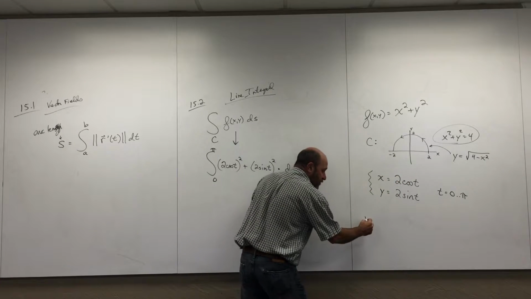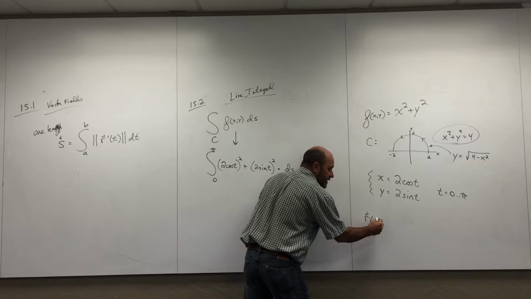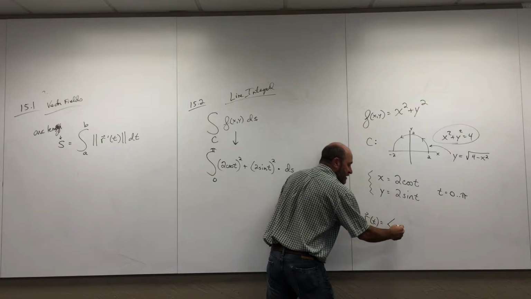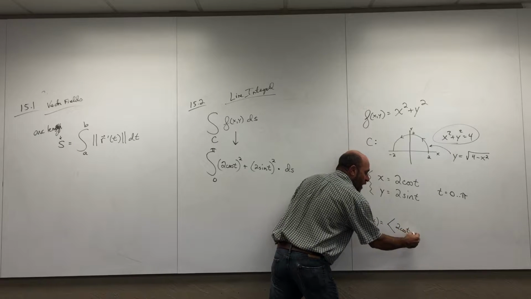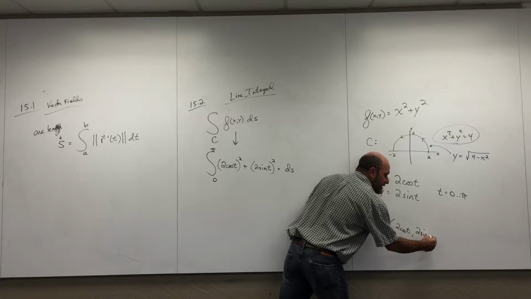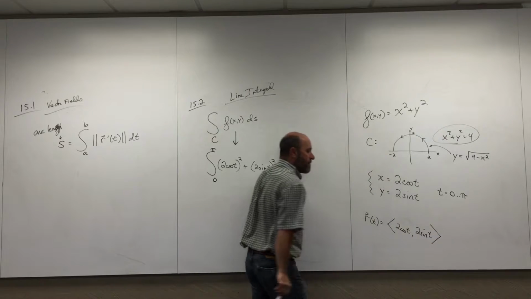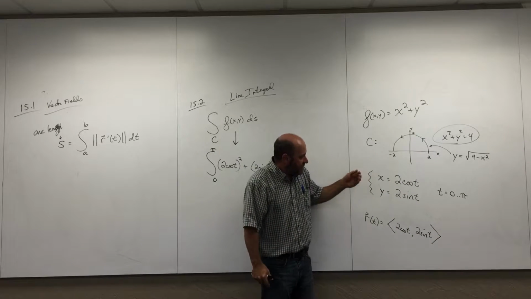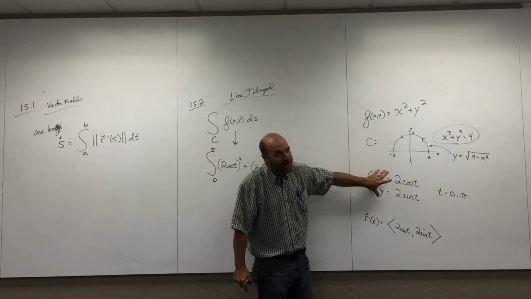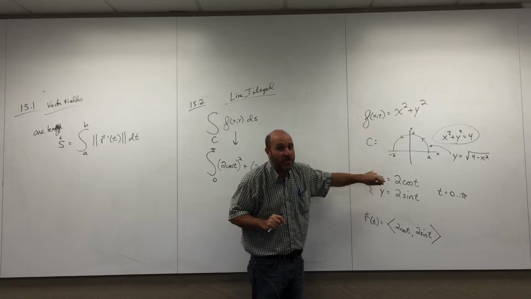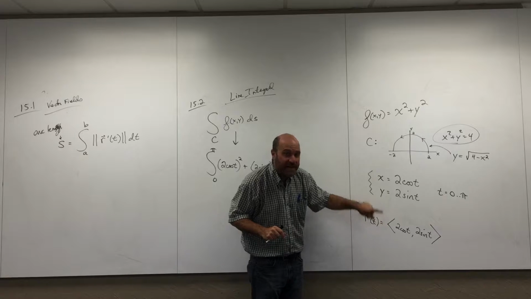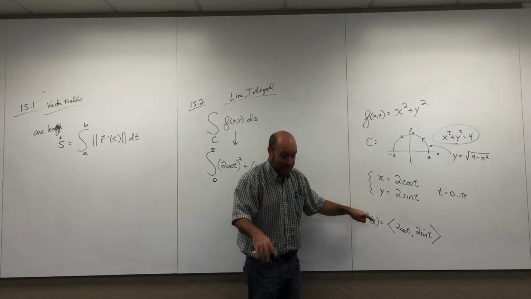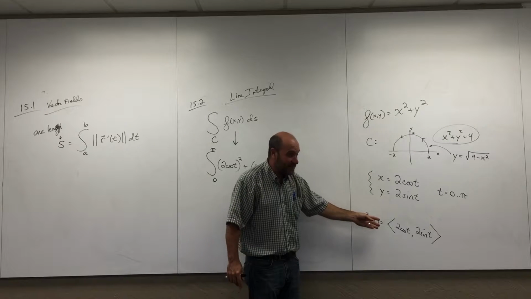The vector-valued function for that curve is simply the x component is 2 cos t, and the y component is 2 sine t. So when we talk parameterizations, I can deal with what's called parametric equations, or I can deal with what's called vector-valued functions. Basically, it's the same thing, but there are no vectors here, and these are vectors.